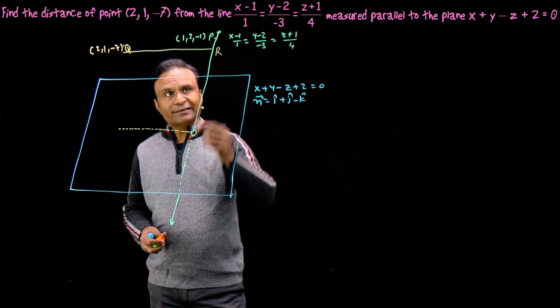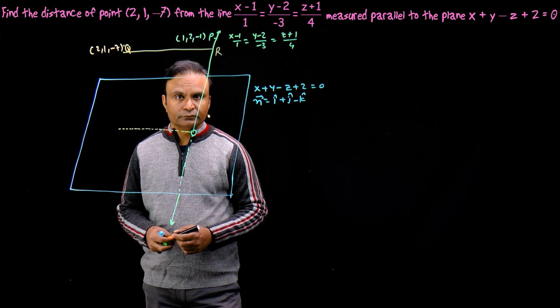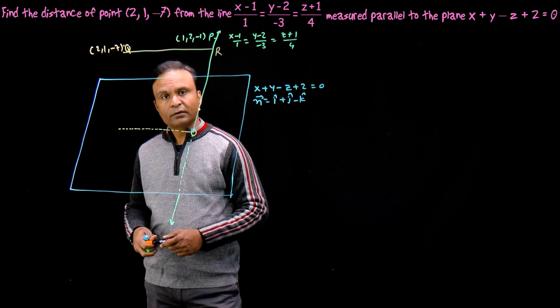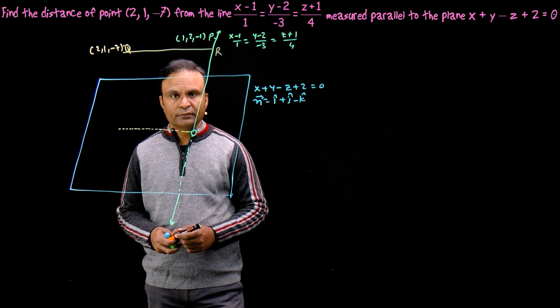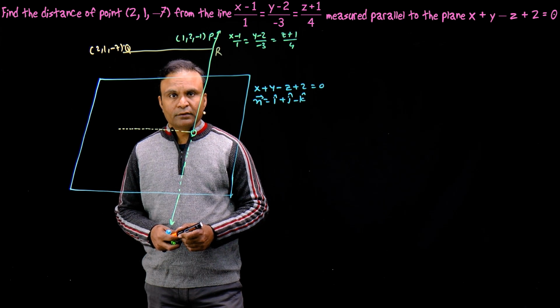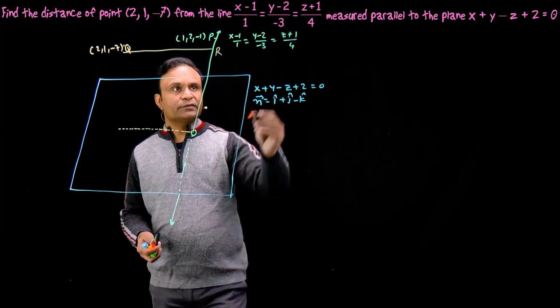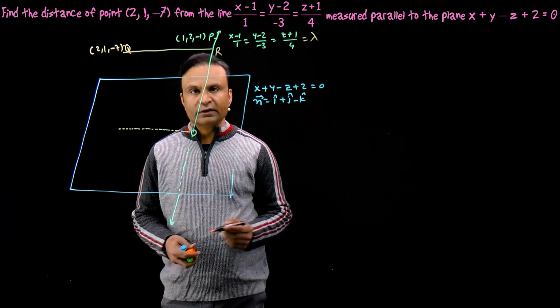Now point R is lying on the line. So how can we get coordinates of point R? We will consider general point on the line. Suppose this is lambda.